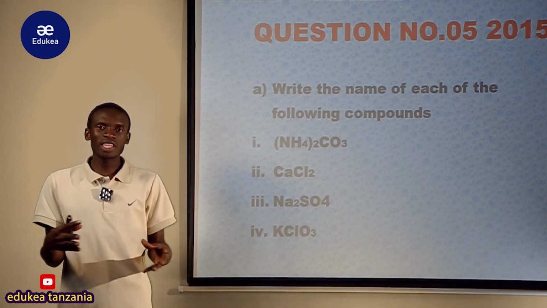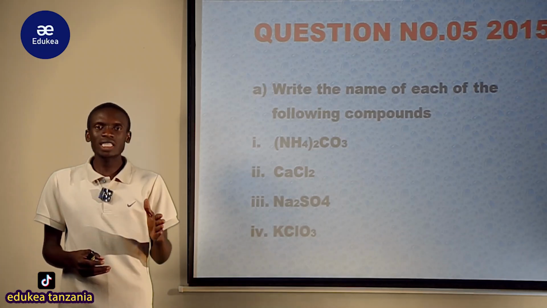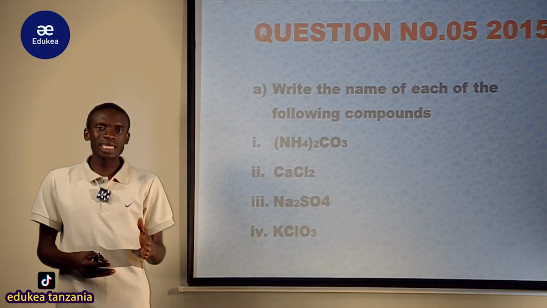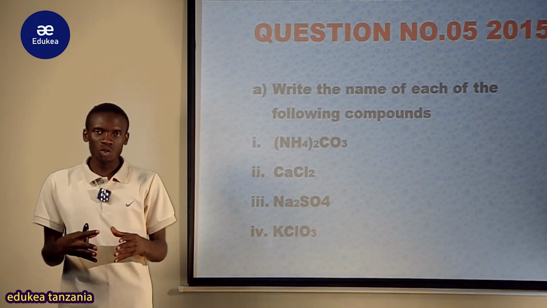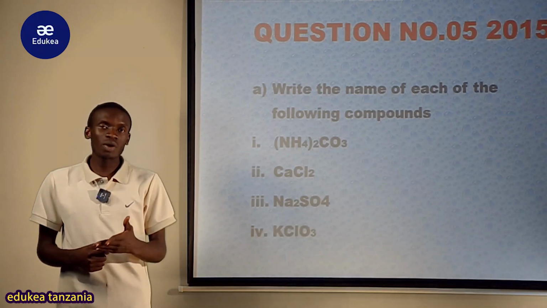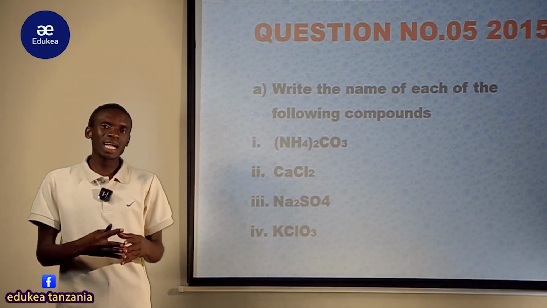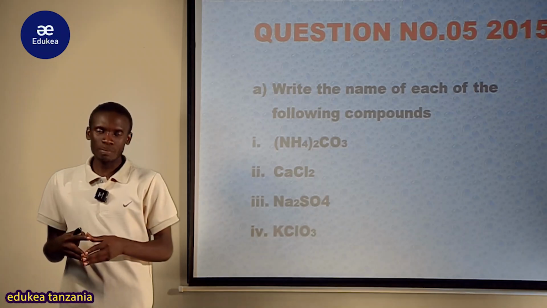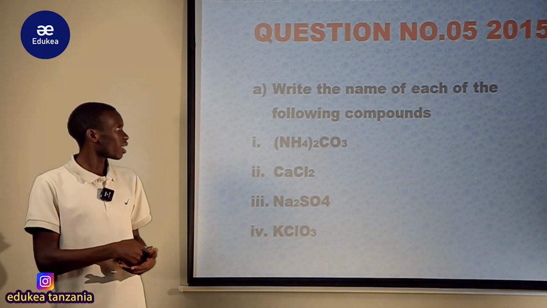After then utacombine jina tu, na ilibidi ajue pia namna gani unaandika compound, kuseparate cation na anion. Unajua kwamba anion na cation huwa haziunganishwi, so ukiunganisha ni kosa. Baadaye anatoa jina halisi.